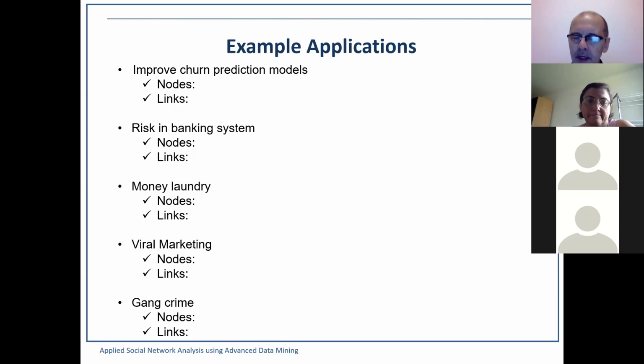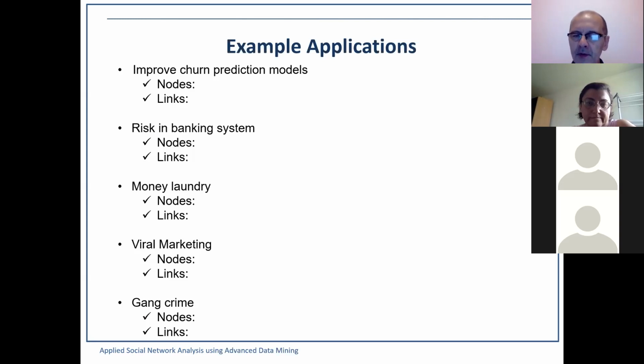In this example, I would like to stress that behavior among nodes is modeled: phone calls. In the case of a telco provider, I'm establishing a social network using my customers as nodes. And if they call each other, then I'm establishing a link between the two customers.